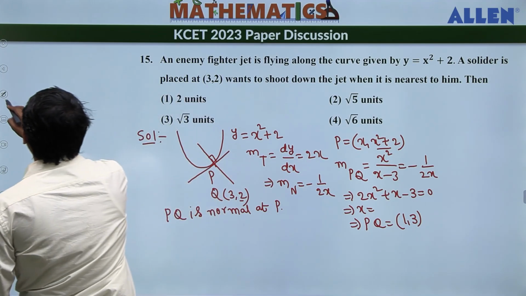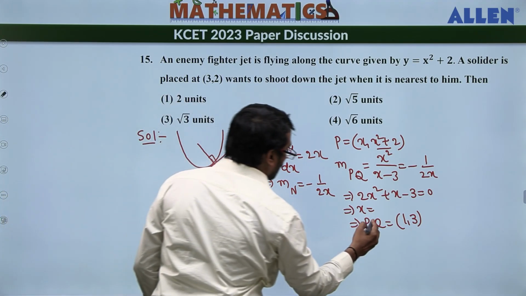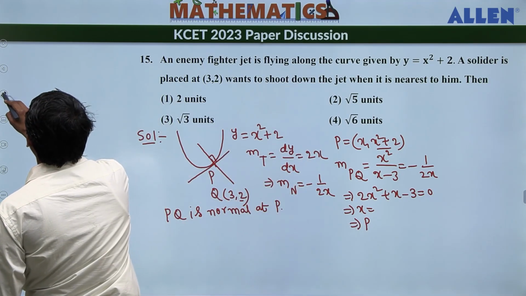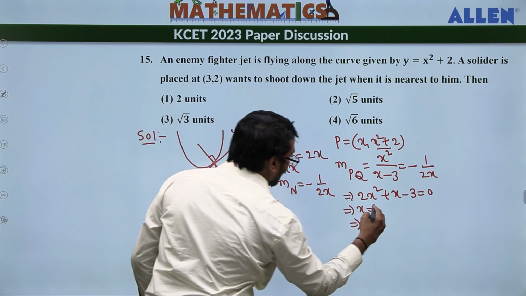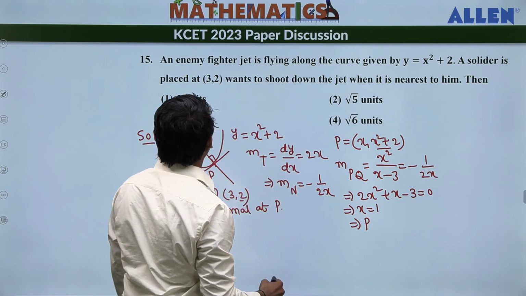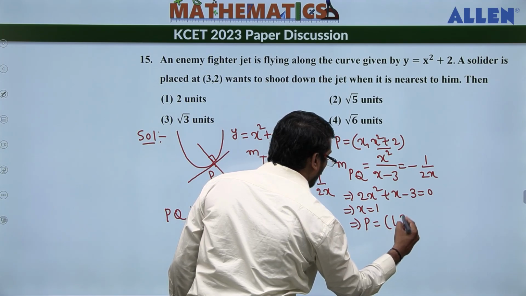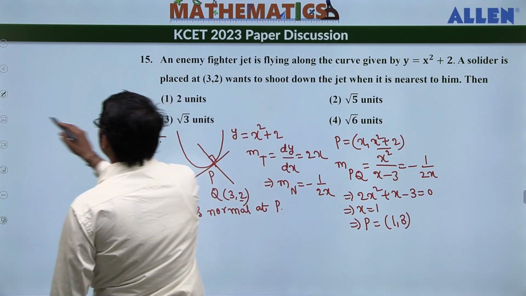P is equal to 1 comma 3. So, what is PQ?